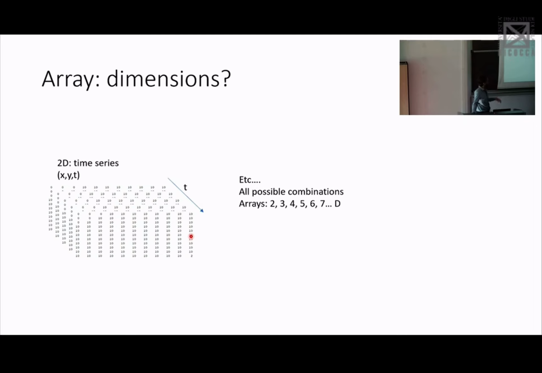If you have a movie with 25 frames per second for 2 hours, that's going to be up to 1 million. And if you start thinking about it this way, medical images can have really lots of dimensionalities.